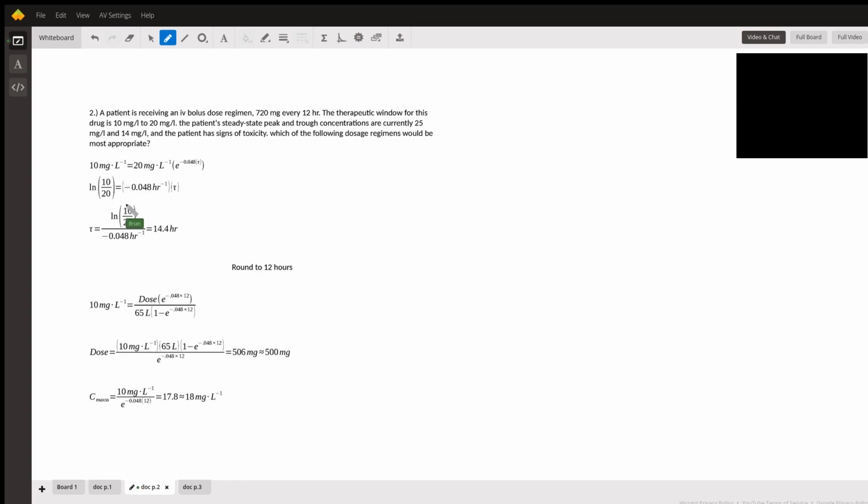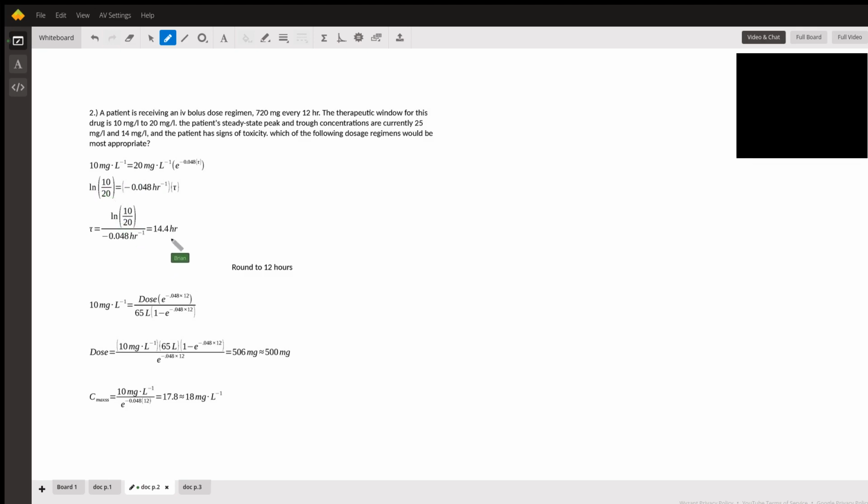So with the rate constant of elimination, I am going to use that as well as the Cmax and Cmin concentrations, and I'm going to solve for a dosing interval that would achieve Cmax of 20 milligrams per liter and a Cmin of 10 milligrams per liter.